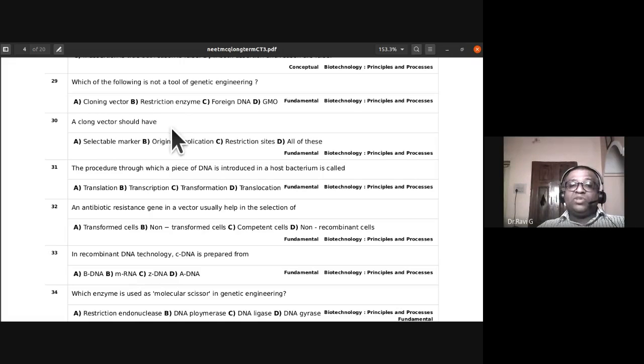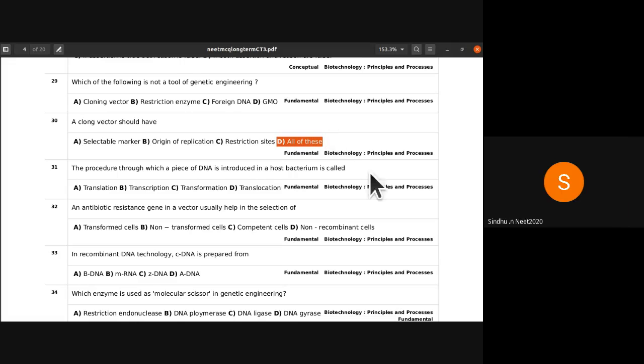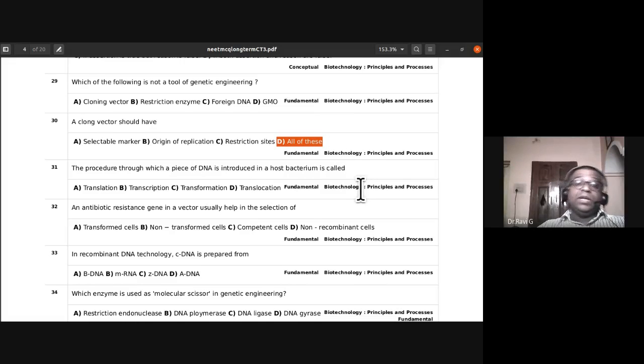A clone vector should have all of this. But the most important is origin of replication. But all of these are required. Origin of replication, selectable marker, restriction sites, all are required. But important among all these is origin of replication.